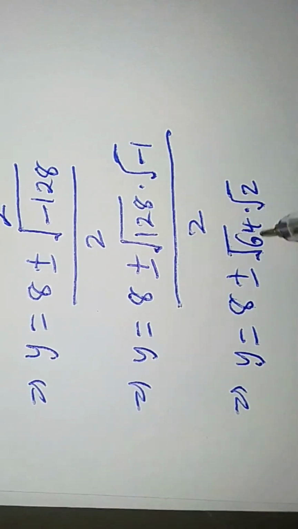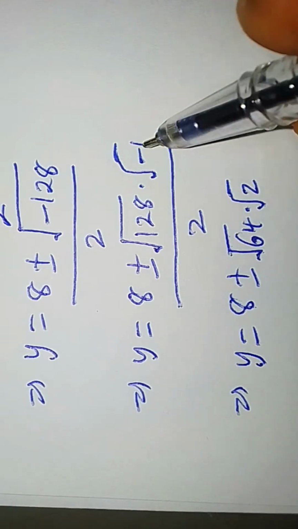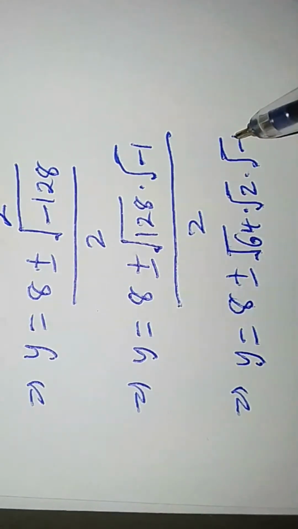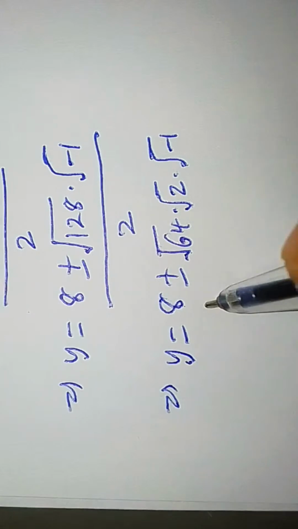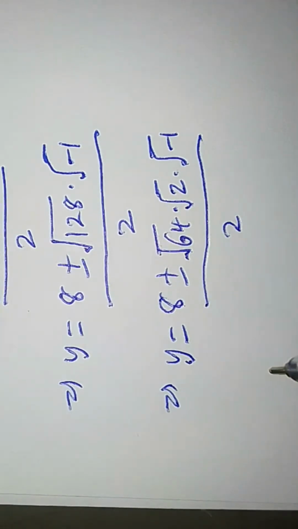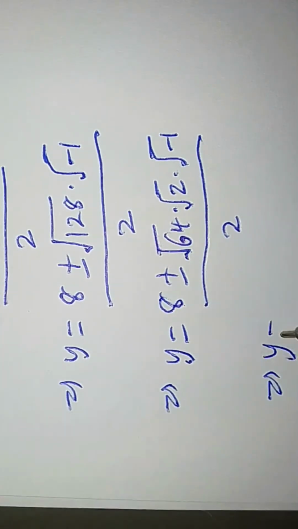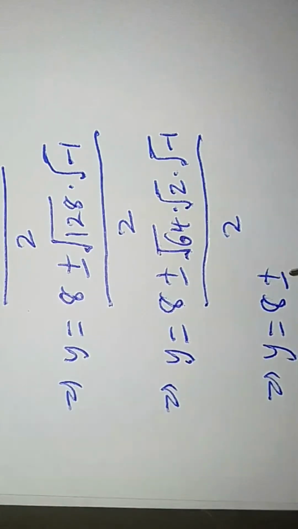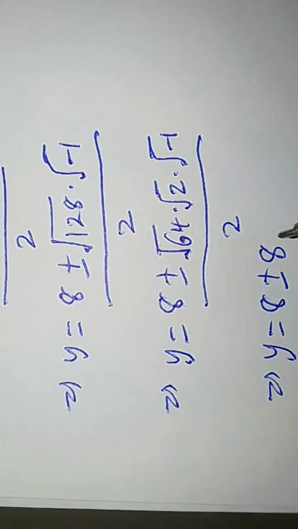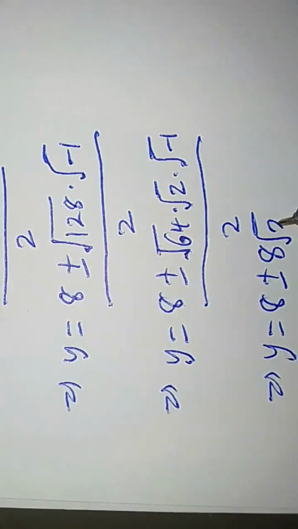You can confirm this using your calculator, times square root of negative 1, divided by 2. This implies that y is equal to 8 plus or minus, what is square root of 64? That is simply 8 times square root of 2.